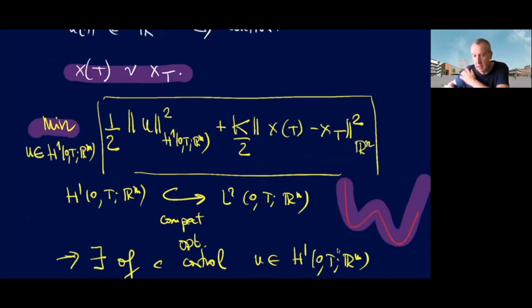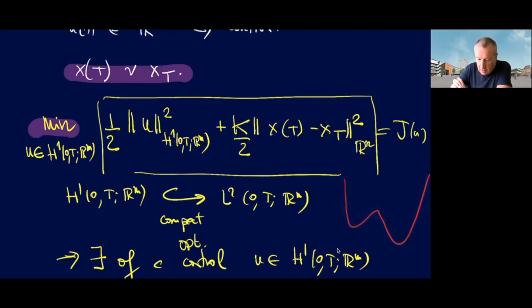And I said, well, basically the only way we know to guarantee the uniqueness of the minimizer is to ask the functional, this is J of U, to be convex. Of course, there are also situations where the global minimizer is unique and the functional J is not convex.